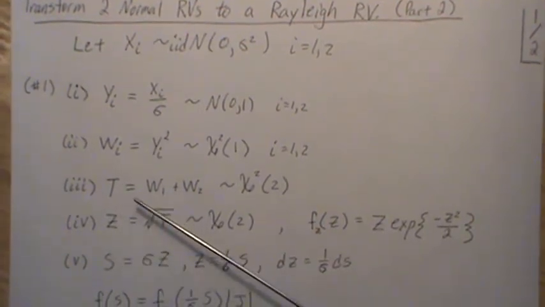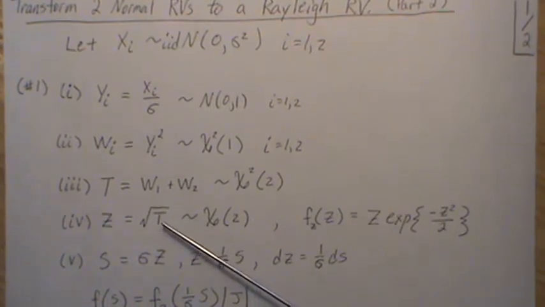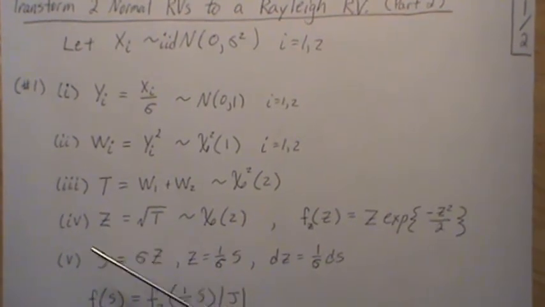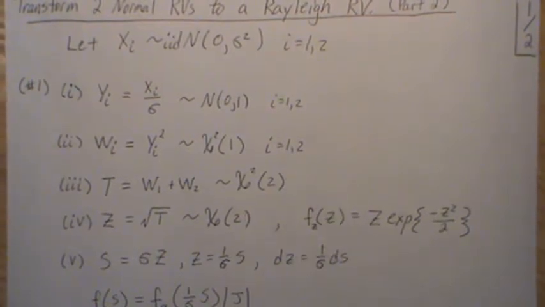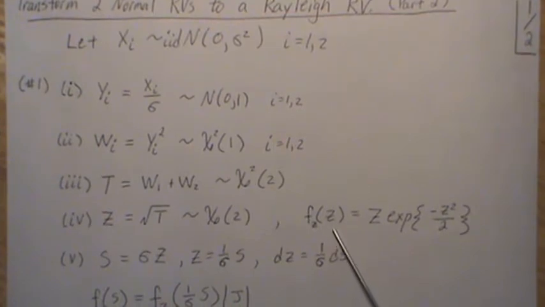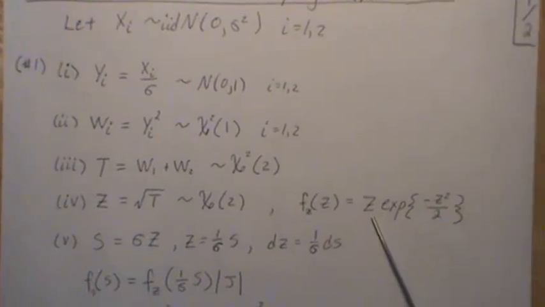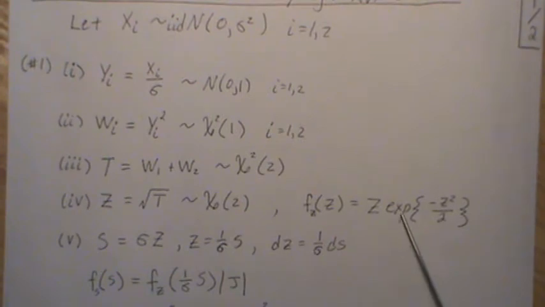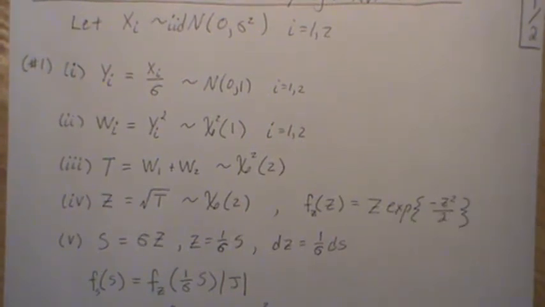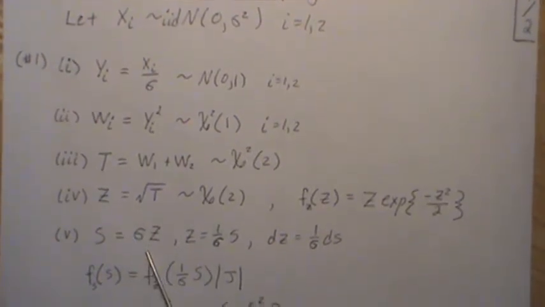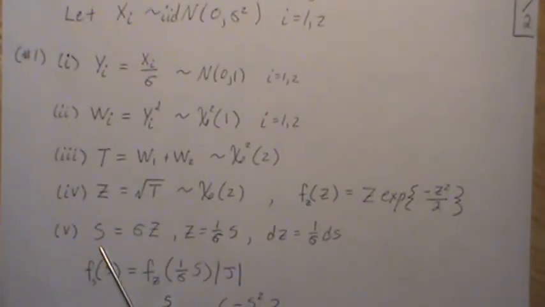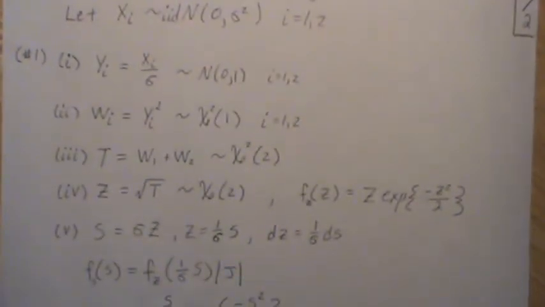If we take the square root of T and call it Z, then Z becomes a chi distribution with 2 degrees of freedom. And as a reminder, a chi distribution with 2 degrees of freedom would be this: f of z is z times e raised to the minus z squared over 2. Now if we multiply Z by sigma, call it S, let's find that using the variable transformation technique.